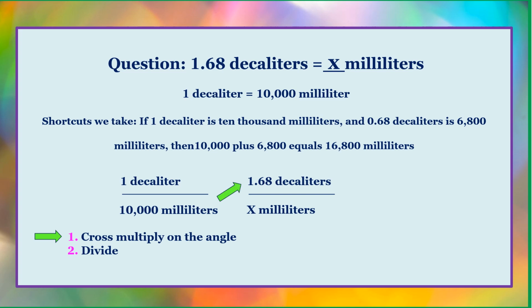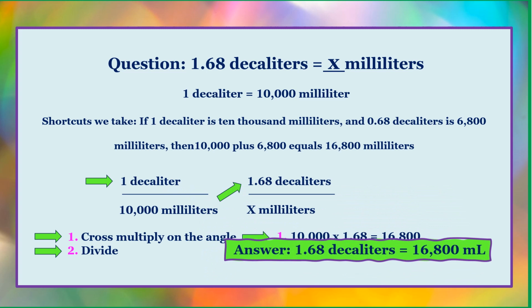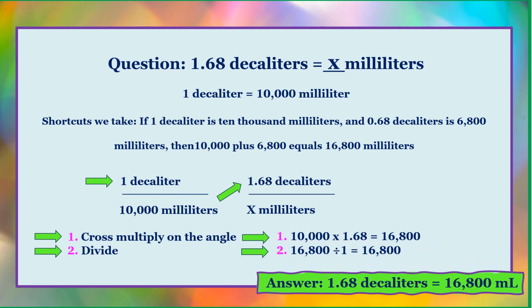Cross multiply on the angle, which is going to be 10,000 times 1.68, which gives you 16,800, and you would divide that by the 1, which would give you 16,800. I would prefer just to slide the decimal.